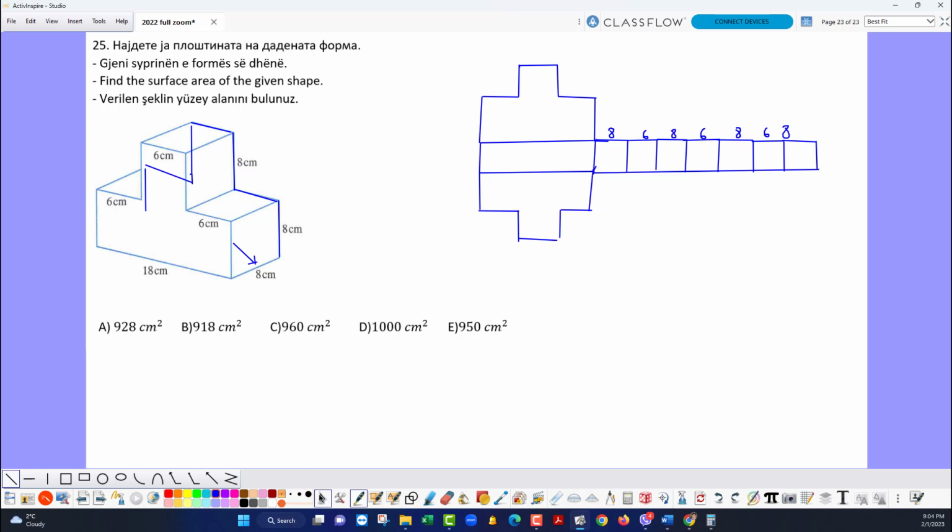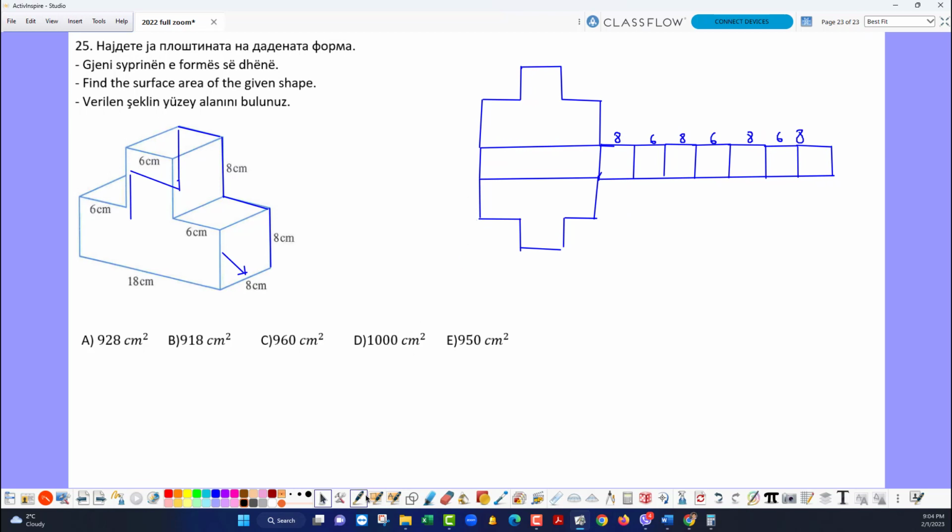Now for this side, I can write the lengths again. This should be 8, this is 6, this is 8, and this is 6. So if I close this part, this is 48. And if I get this side, the bottom part, it is 18 units. So it's going to be equal to 18 times 8.